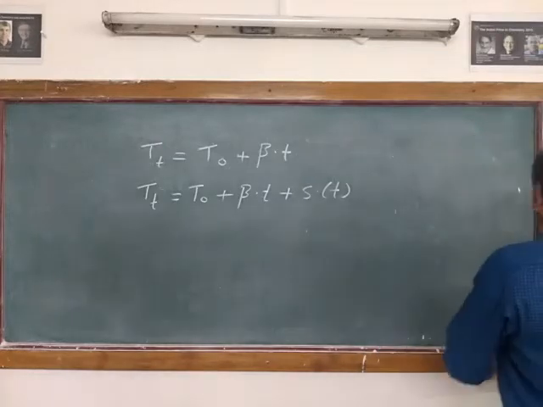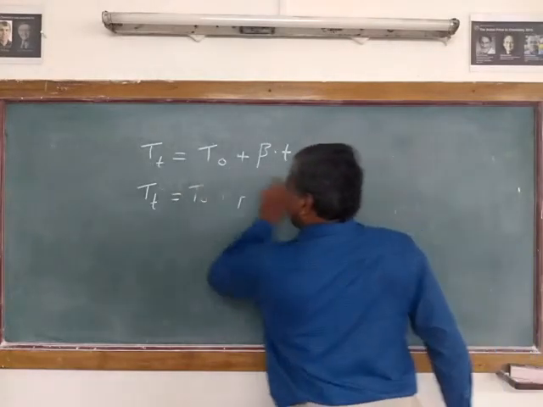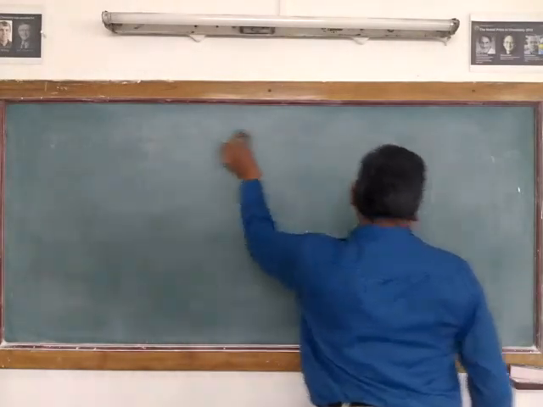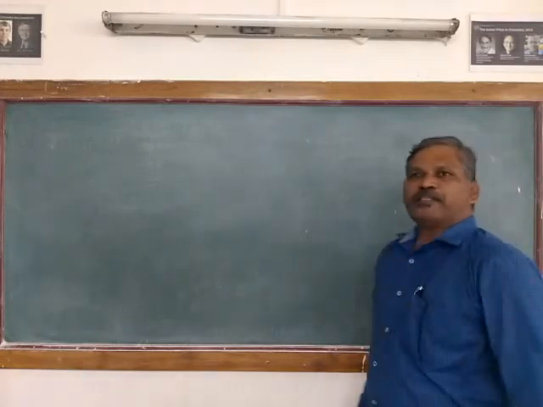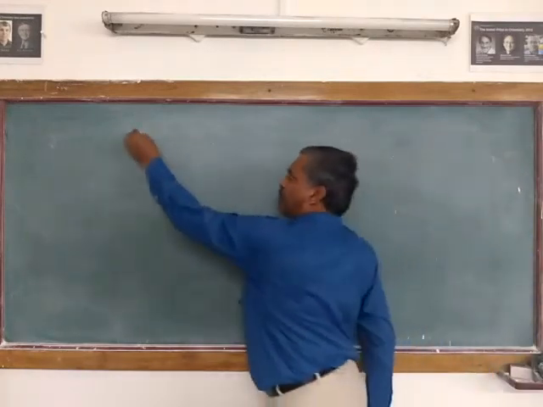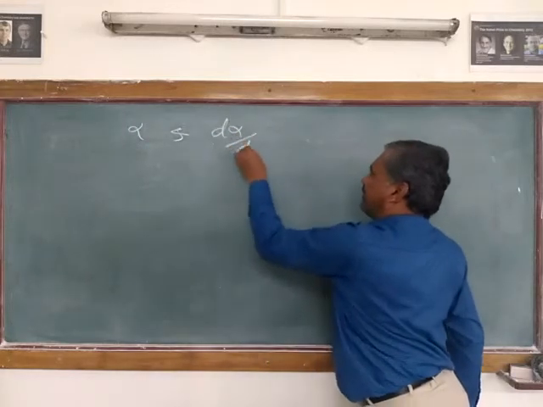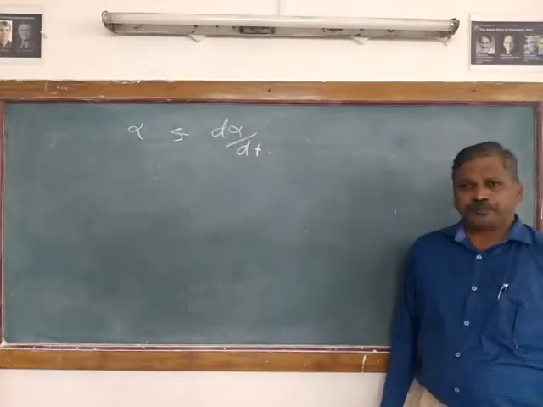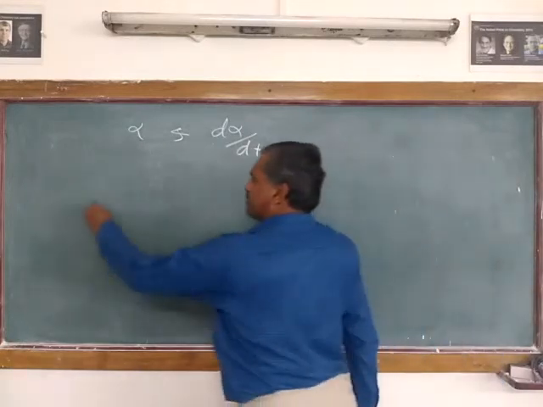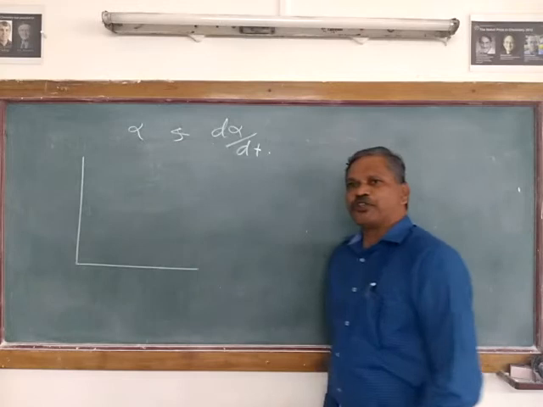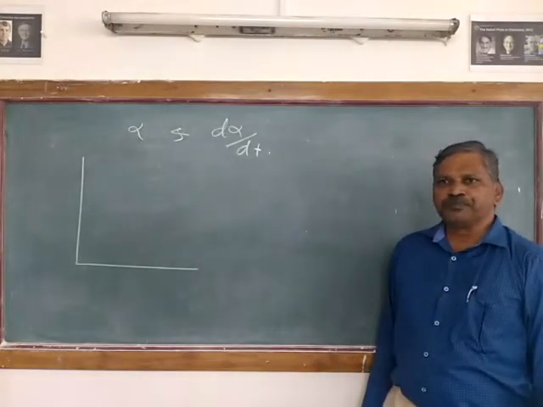The next point we are going to see is measurement of alpha and d alpha by dt. For this purpose, consider a single stage decomposition of the compound.